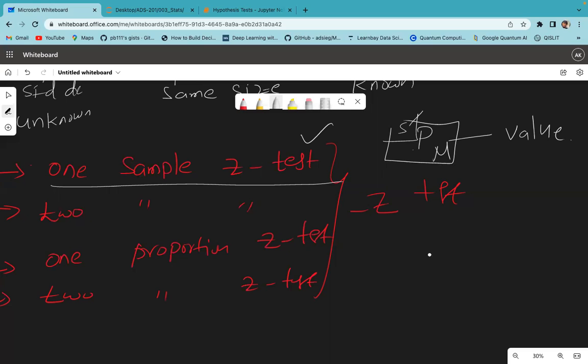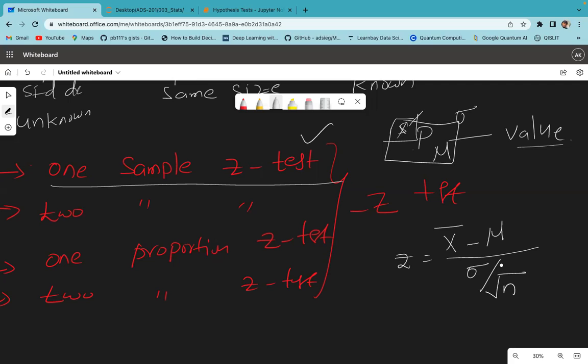That time, you have to use the Z value if you want to calculate it. You already know the sample data, so we calculate the sample mean minus the population mean, which is whatever value you are given here, divided by the population standard deviation over the square root of the sample size.